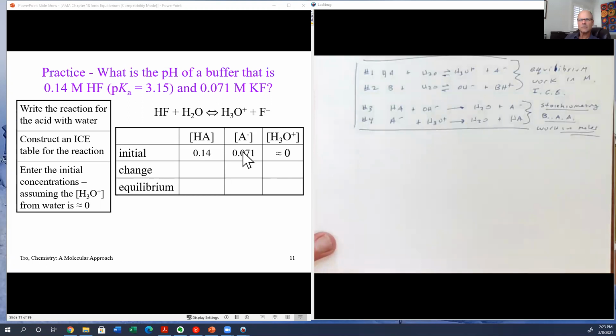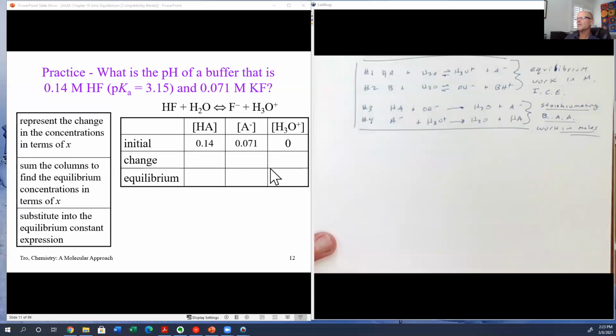Instead of having a 0 here, I have the concentration of the A minus, which in this case is F minus, inserted into the ice table. And then, of course, this is going to go to the right, so it's minus X, plus X, and plus X. And then you got 0.14 minus X. You just sum the columns.